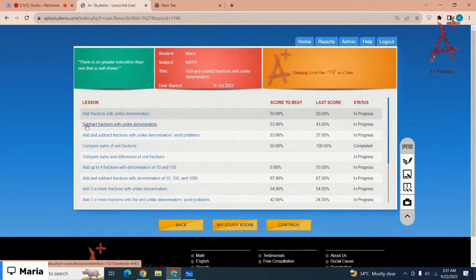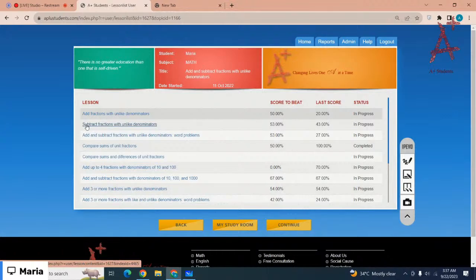Add fractions with unlike denominators. Okay, you can complete the lesson by yourself later today. We're working on the chapter add and subtract fractions with unlike denominators.